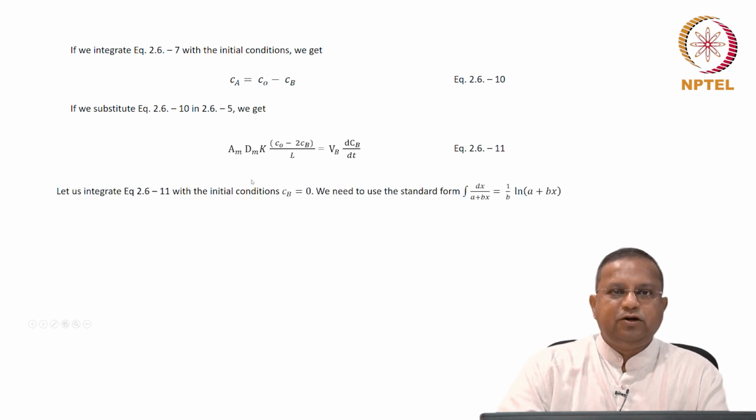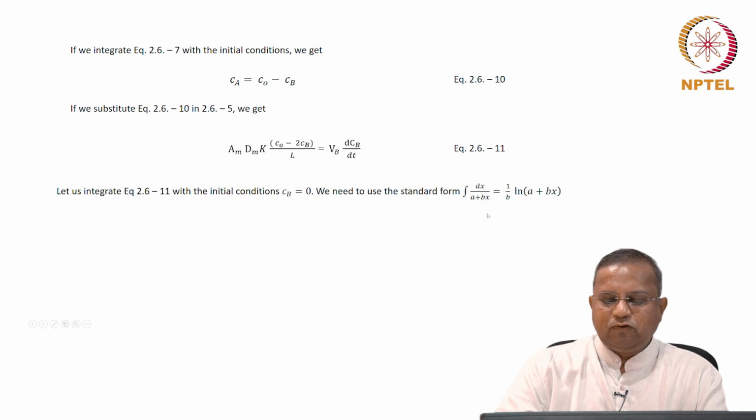Now, if we integrate 2.6-11 with the initial condition Cb equals 0, then we could get the solution. For integration, note that this equation is of the standard form, dx divided by a plus bx, because this would come down to the other side, C0 minus 2Cb, a plus bx, where a is C0, b is minus 2.